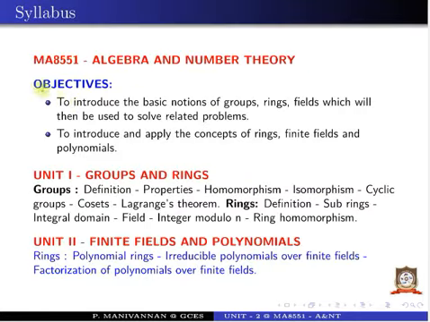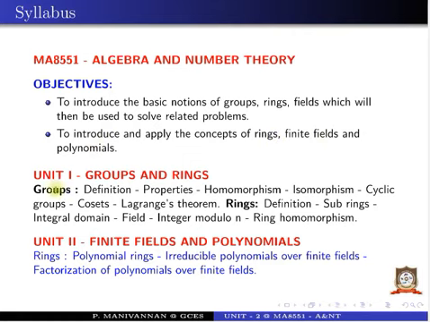In this paper, the objectives are to introduce the basic notions of groups, rings, field, which will then be used to solve related problems. It is the objective for the first unit. In the second unit, to introduce and apply the concepts of rings, finite field, and polynomials.